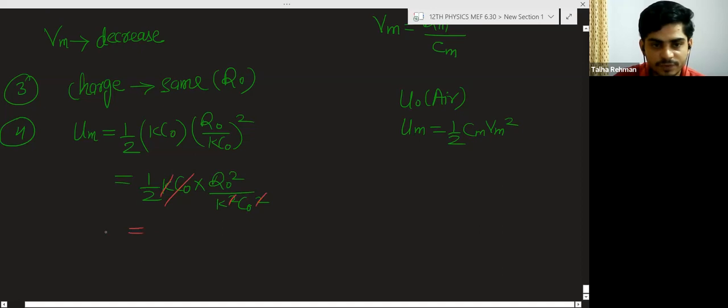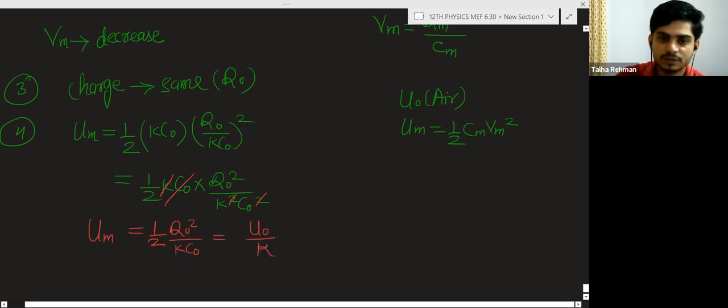So we have energy U equal to half Q naught square upon K into C naught. So I can write the energy will become U naught divided by K. So this time, will Um increase or decrease?